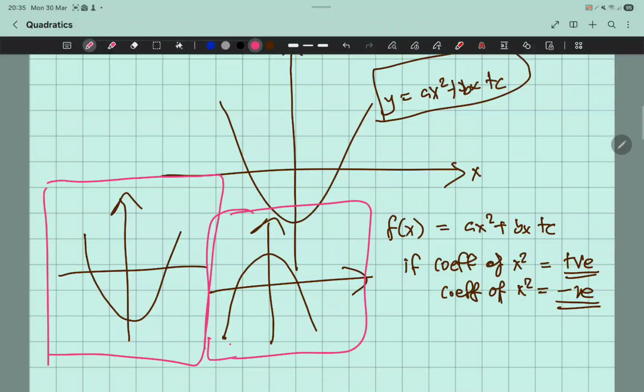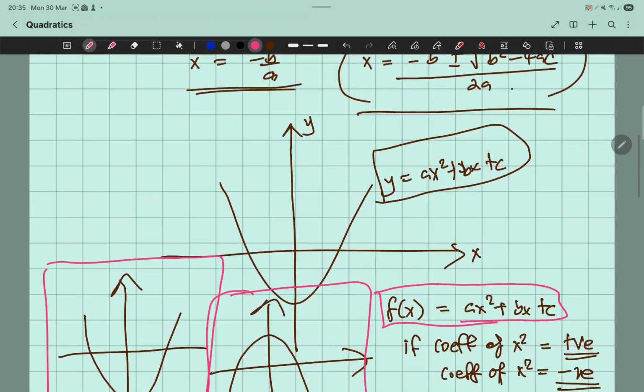This is the graph. So already you can know the shape of the graph by simply looking at the coefficient of x squared in the given function. Originally, the graph of y equal to x squared, this is the graph, right? Okay.